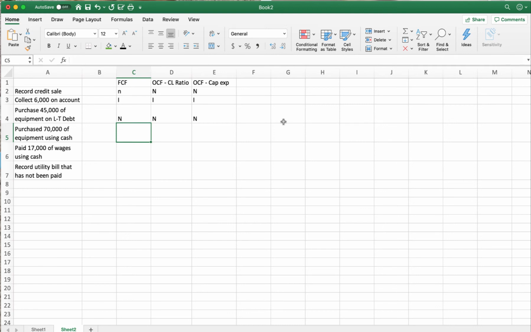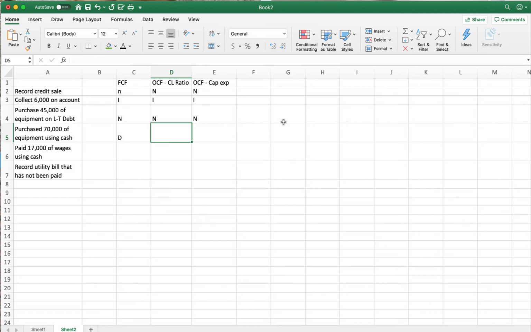OCF, or cash flow provided by operations, minus our capital expenditures or our cash flow from investing activity. Okay, so this will actually decrease our free cash flow because we're buying equipment.